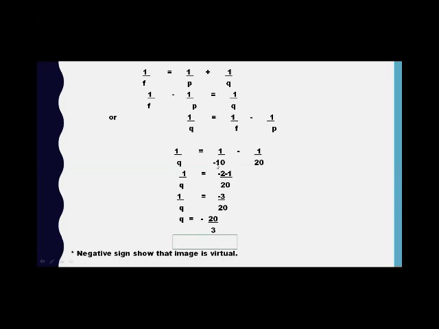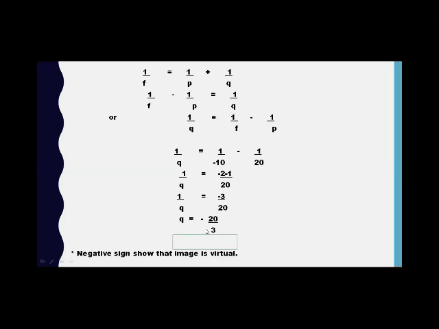So 10 to 20, and 2 ones are 2, we will write here. So it will be negative. After that, we are going to solve the next fraction. In the next fraction, the denominator is 20, which matches the LCM. So we will write the numerator as it is, that is 1.